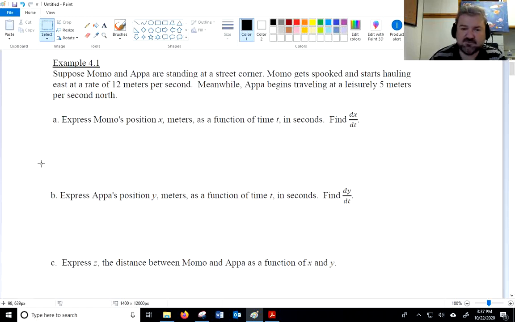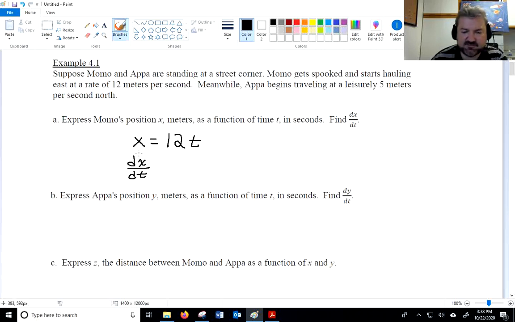Okay, so Momo, his position x, since Momo is traveling east 12 meters per second, then his position x is 12 times t, where t is in seconds. So then we could find dx/dt by taking the derivative with respect to t.